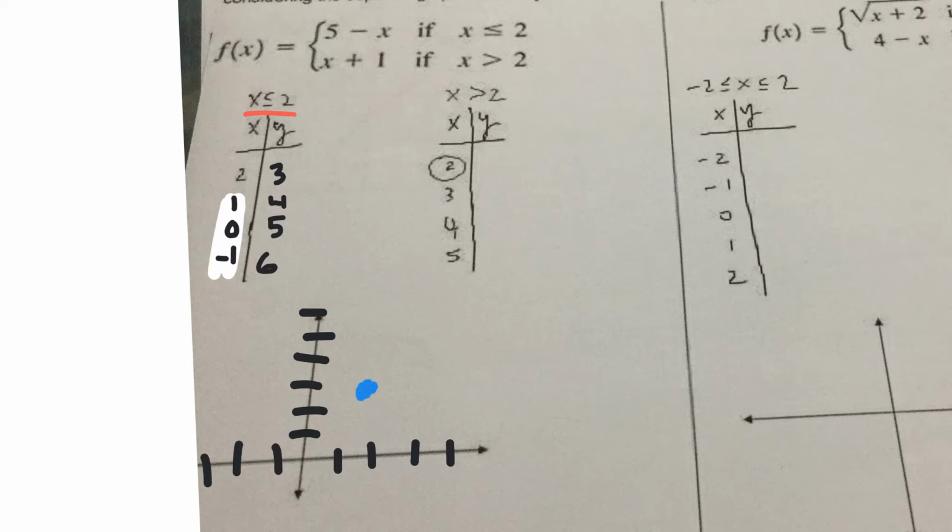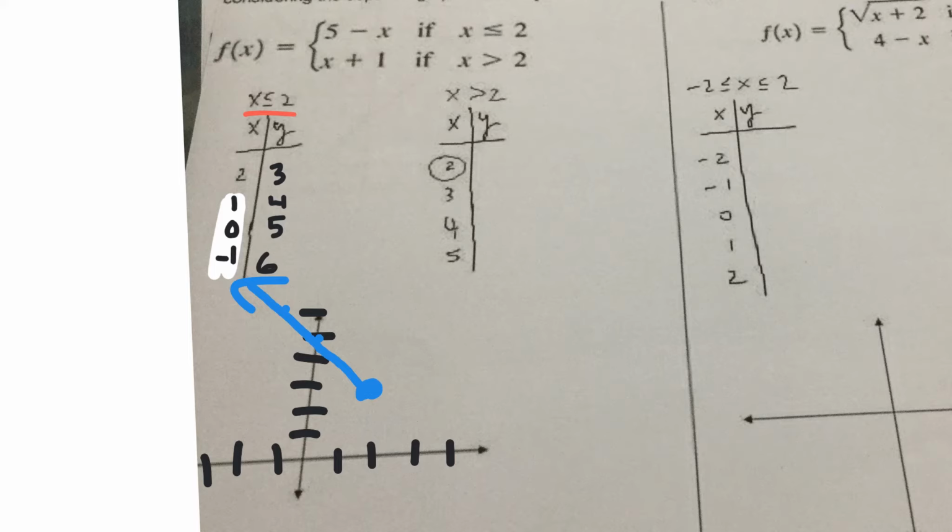Now that point is included, so I'm going to put a closed circle at 2, 3. Then I'm going to go to 1, 4, 0, 5, negative 1, 6. And I see the graph is going in the left direction because that's x's that are less than or equal to 2. And it's going to go in that left direction forever. So I put an arrow to signify that.